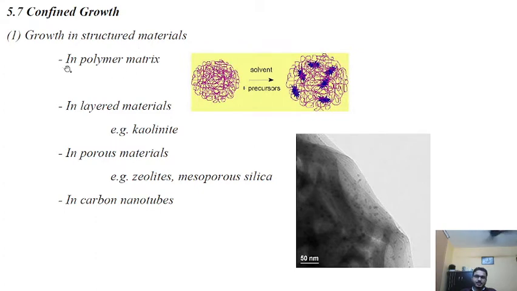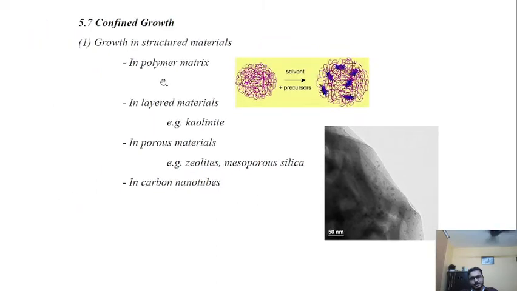That is, it can be in a polymer matrix, in layered materials like kaolinite, in porous materials, zeolites or mesoporous silica, and in carbon nanotubes. So confined growth can be observed in such kinds of structured materials.